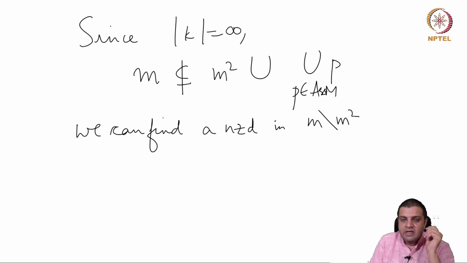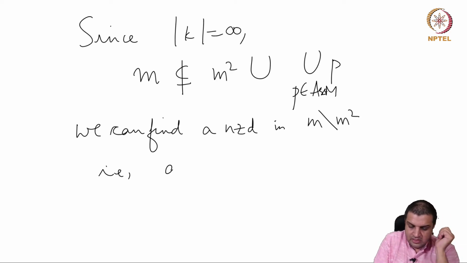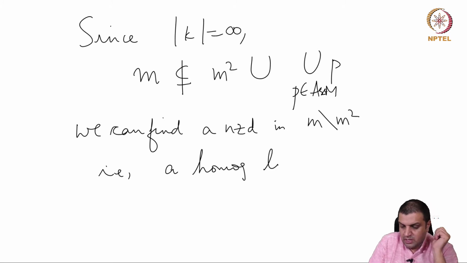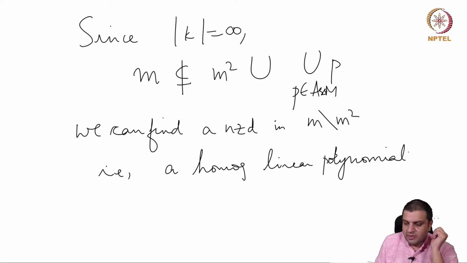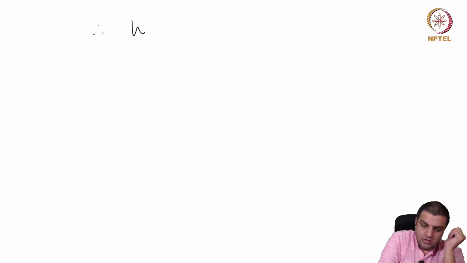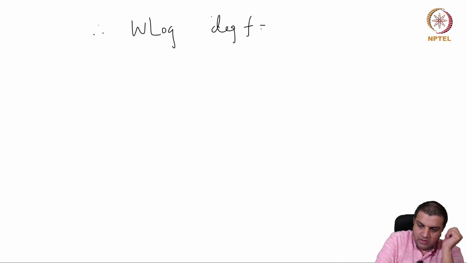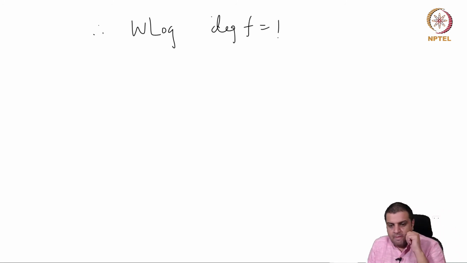That is a linear form, that is a homogeneous linear polynomial, sometimes called a form. So therefore, without loss of generality, F is 1, the degree of F is 1.